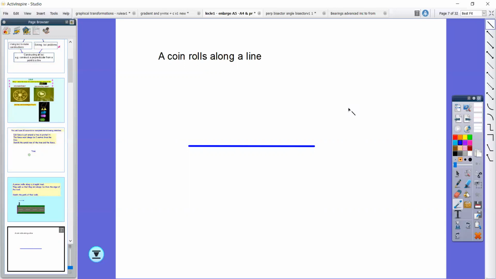So just to visualize that coin rolling along the bottom of the line now, underneath, and it gets to the left-hand end of the line, and then just swings around the end of that line back onto the top. And just take that backwards and forwards. Top of the line, to the right, to the left, gets to the left end of the line, swings around underneath the line and rolls.